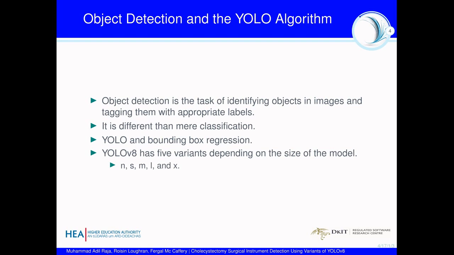Algorithms for object detection have been developed over the past decade, and one of the recent algorithms is the YOLO algorithm. YOLO stands for You Only Look Once, and it is different from previous object detection algorithms in the sense that it passes the data only once through the model to do both classification of the objects in the image as well as localizing them.